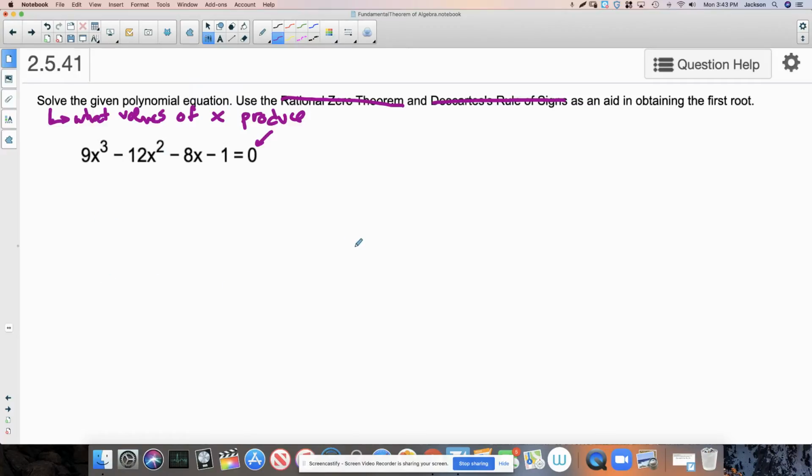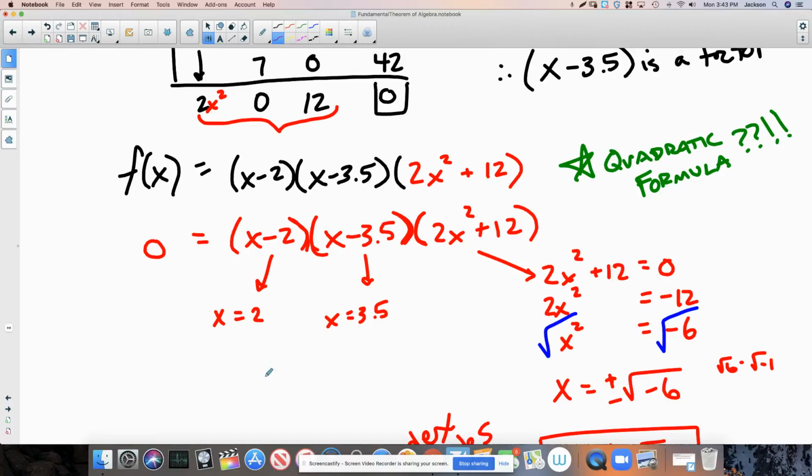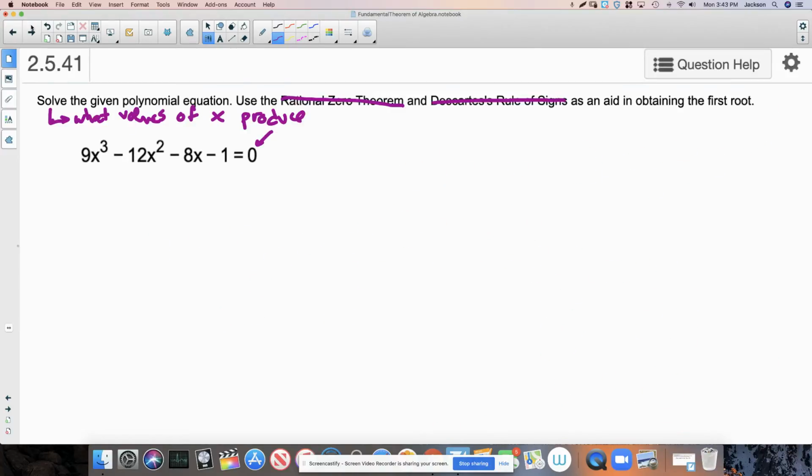And then setting each factor equal to zero. We kind of did that in the previous problem, where we had two linear factors and a quadratic factor set equal to zero. And then we could find the zeros from these by taking the opposite, and then we set this equal to zero and solved, right? So that's been a process that we've been working on for a couple of classes now.